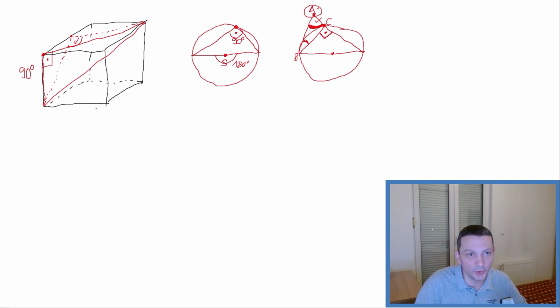And this we will now use to show that it is not possible that this angle here, let us call it alpha, be a pointed angle, less than a right angle, and in that way we will prove that this 90 degrees is the smallest value for the desired angle.